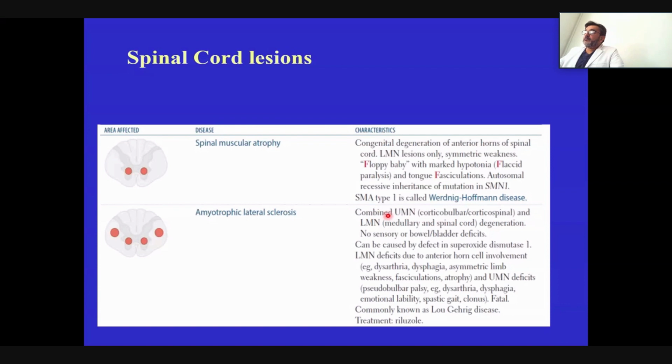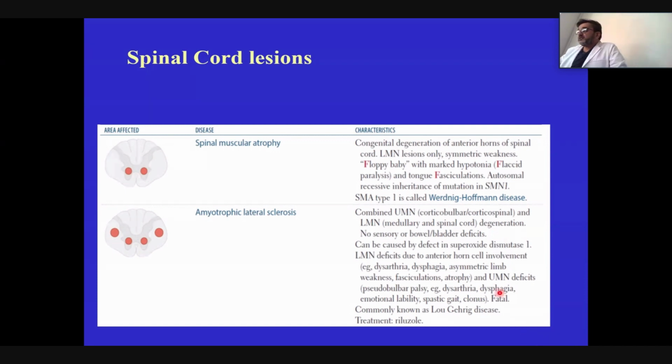So combined upper motor neuron and lower motor neuron degeneration with no sensory or bowel or bladder deficits can be caused by a defect in this enzyme, which is superoxide dismutase 1.